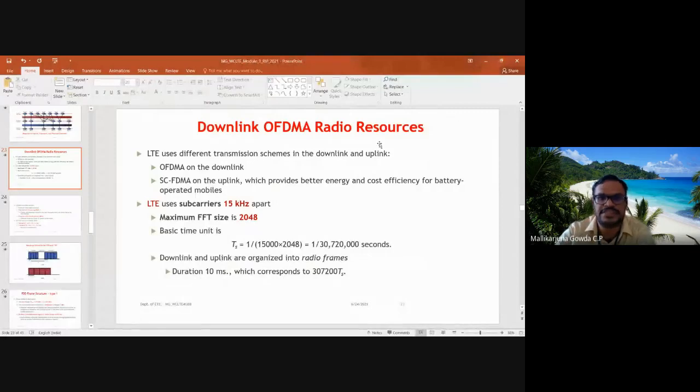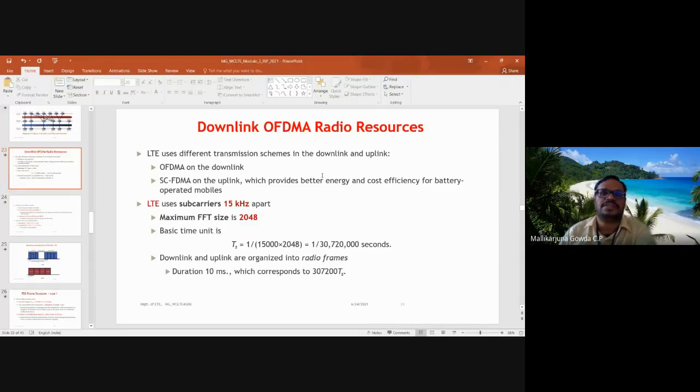So as I said, OFDMA, that is orthogonal frequency division multiple access, is the technique used in the downlink, and single carrier frequency division multiple access is the multiple access technique used in the uplink.